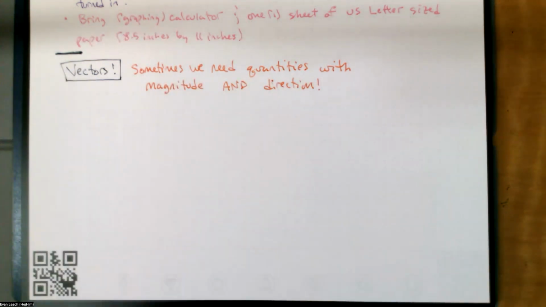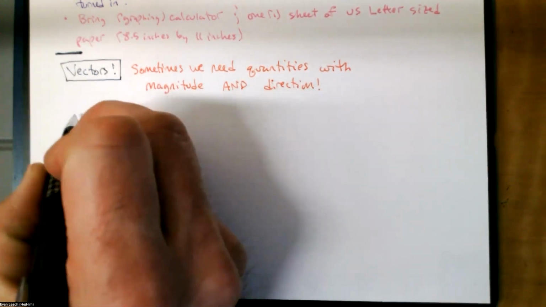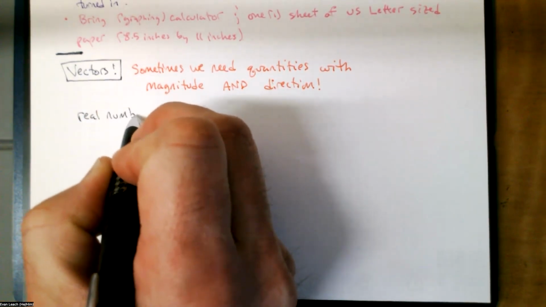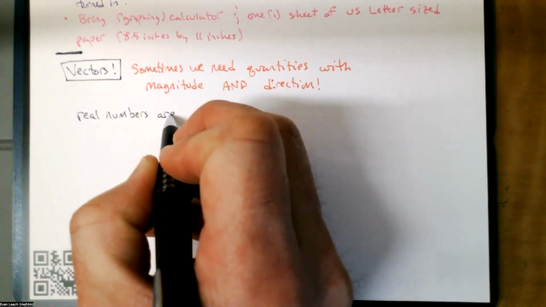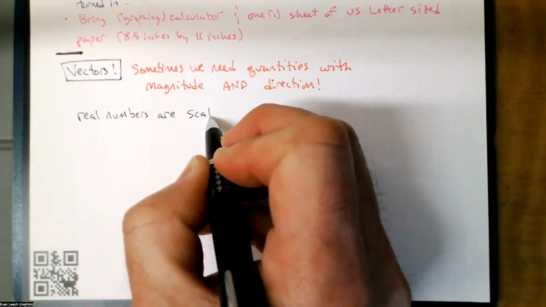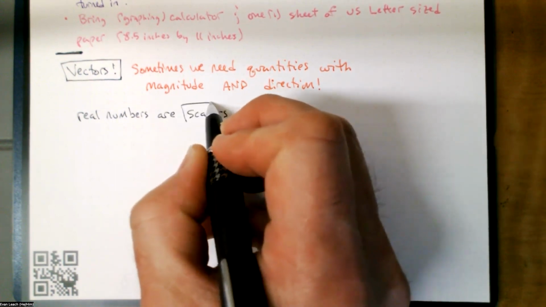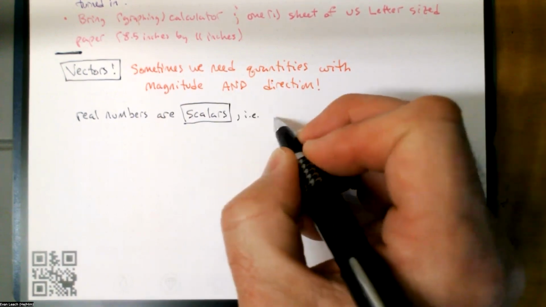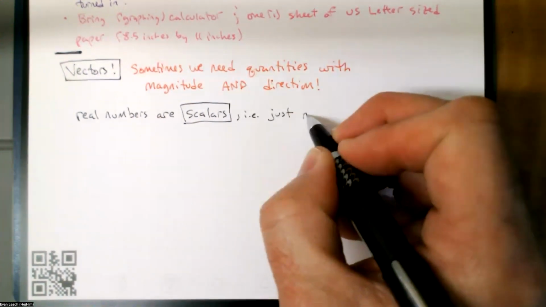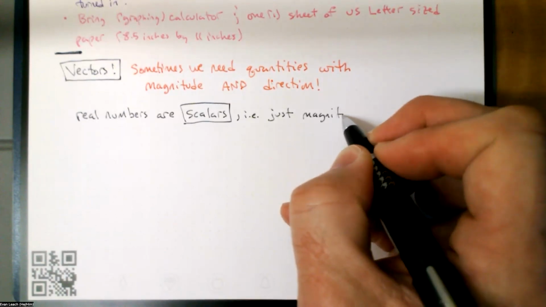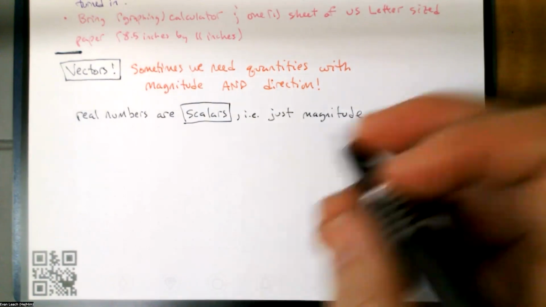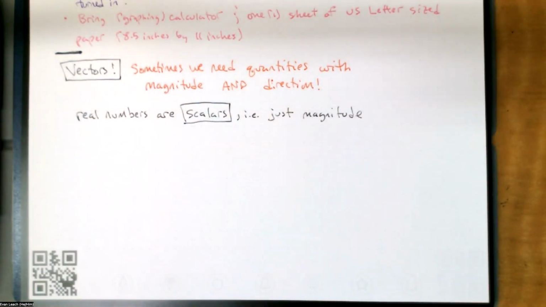So real numbers are scalars. In the context of vectors, scalars are just magnitudes, just amounts.